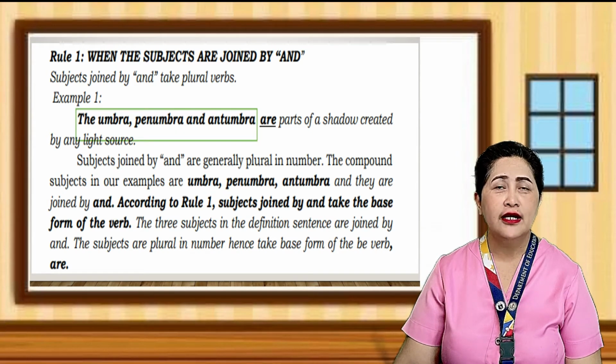According to Rule 1, subjects joined by and take the base form of the verb. The three subjects in the definition sentence are joined by and. The subjects are plural in number, hence take base form of the verb, are.